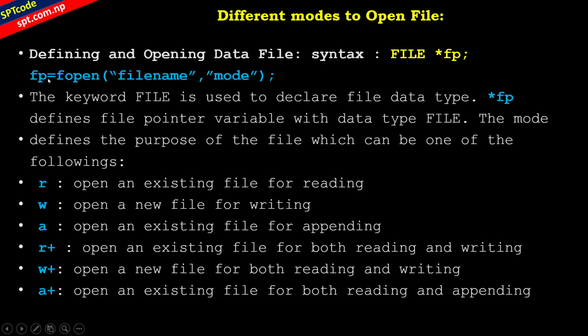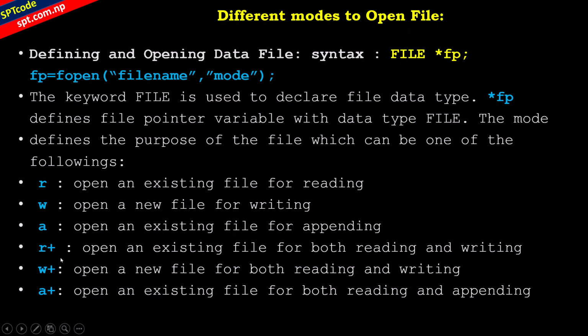And this file pointer we are going to open by using the fopen function. In this syntax you have to write the file name as well as the mode of the file, meaning for what purpose you are going to open it: write mode, to store or write, or append also. I will talk about all this. Here you can find all the different modes: r for read mode, w for write mode, a for append mode, and r+ for existing files for both reading and writing.